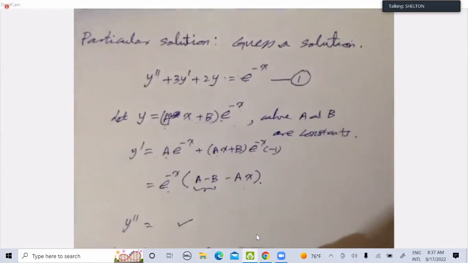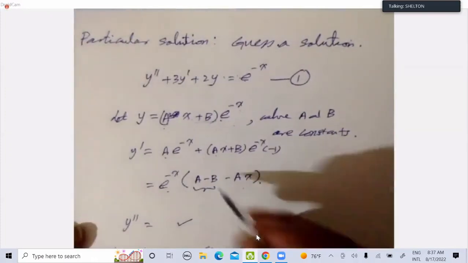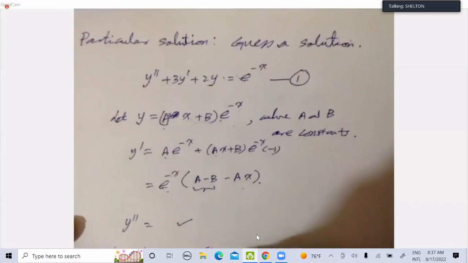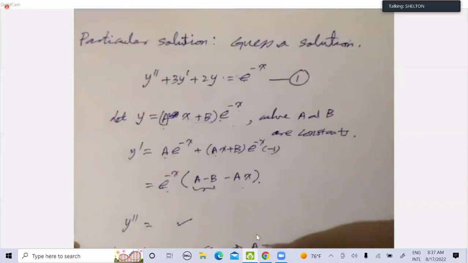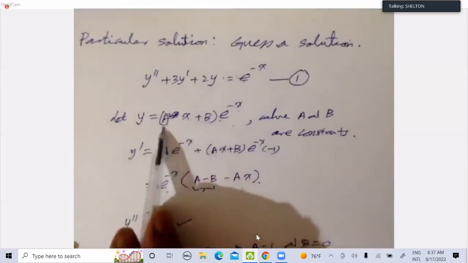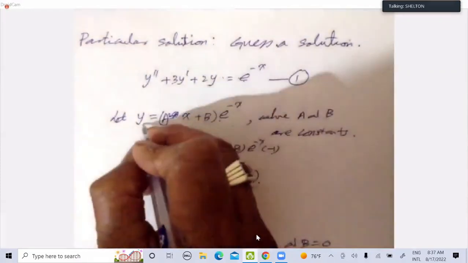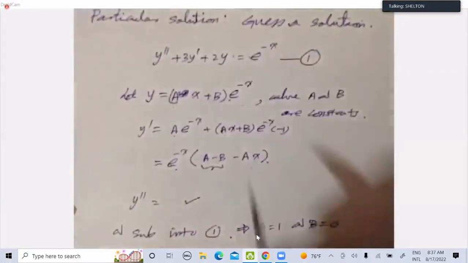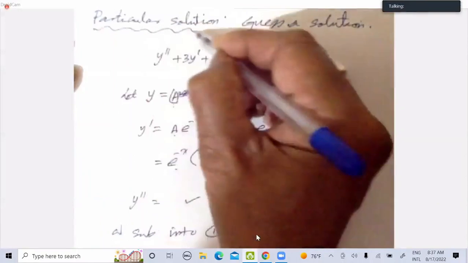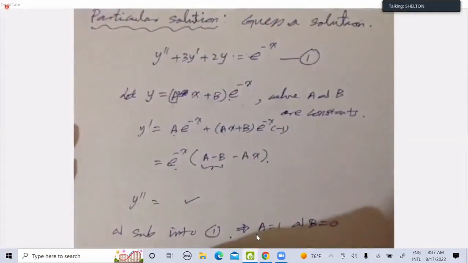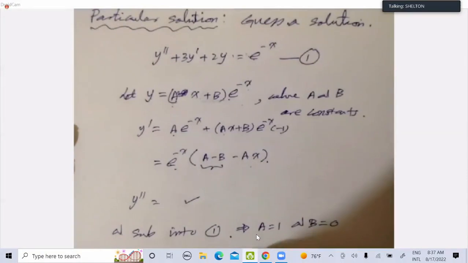When you do that, you will get a is equal to 1 and b is equal to 0. So this is yp, the particular solution. Therefore yp, the particular solution, is x e to the minus x.